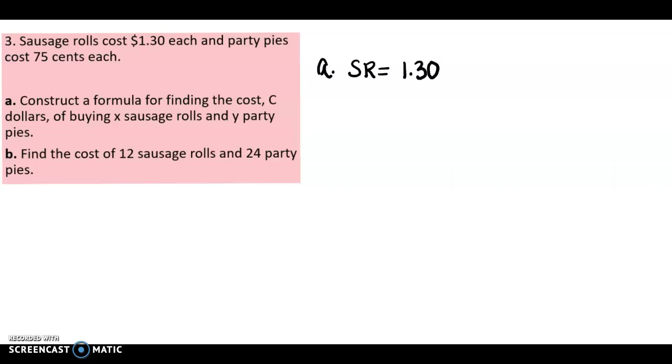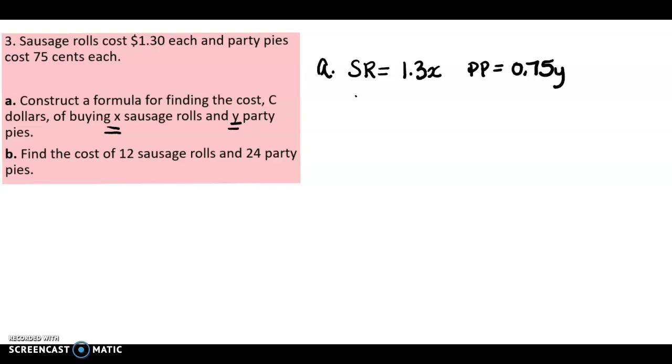Okay, so we don't necessarily need that 0 there, so it's 1.3, and we're talking about sausage rolls in terms of X. And our party pies, we know, are 75 cents, so 0.75, and we're talking about those in terms of Y. So those are our two variables there.